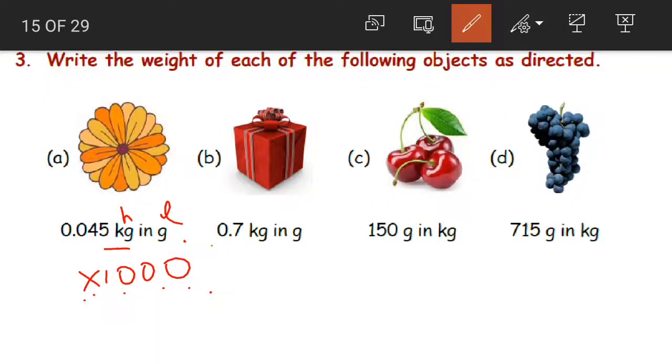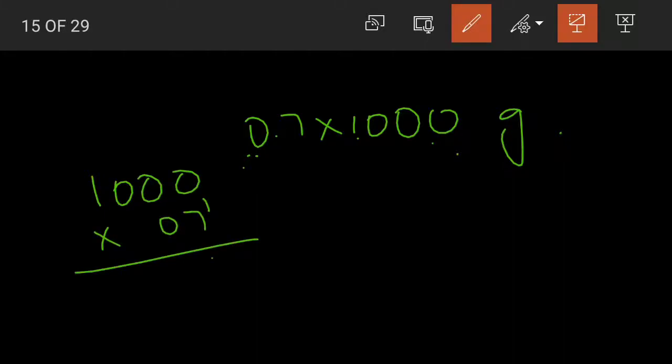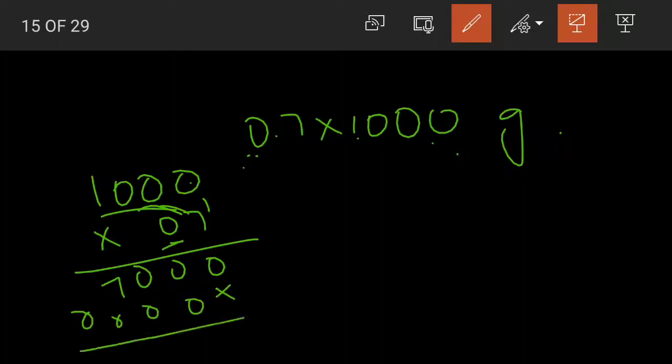Now next, again 0.7 kilograms into grams. Again children, 0.7 multiplied by 1000 grams. Now how will we multiply? We'll first multiply the numbers as it is. 1000 multiplied by 7: 7 zeros are 0, 7 zeros are 0, 7 zeros are 0, 7 ones are 7. 0 into anything will become 0 only.